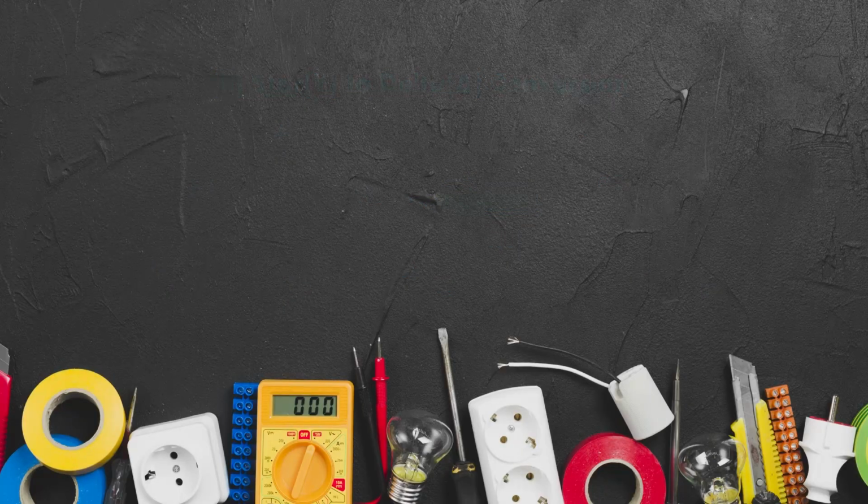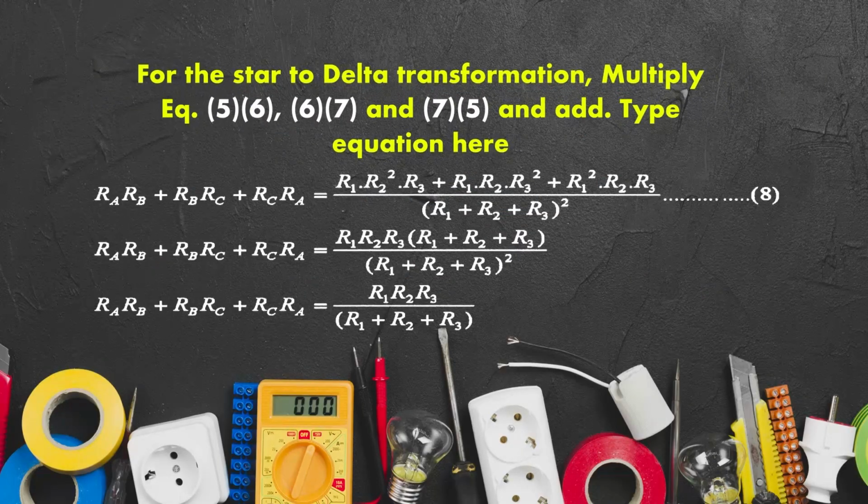So for star to delta transformation, multiply equation number 5 and 6, and equation number 6 and 7, and equation number 7 and 5, and add all of them.